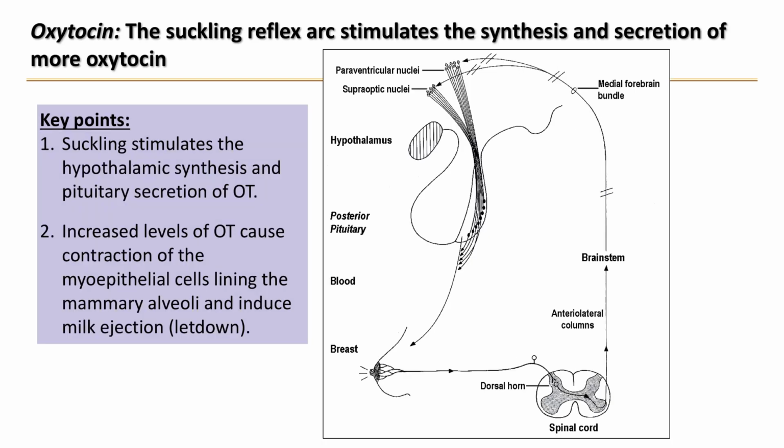Concomitant with that, we have the oxytocin arc, recognizing that suckling is going to stimulate directly the posterior pituitary to secrete increased amounts of oxytocin into the bloodstream. Once released, oxytocin will bind to its receptors and predominantly lead to milk ejection.